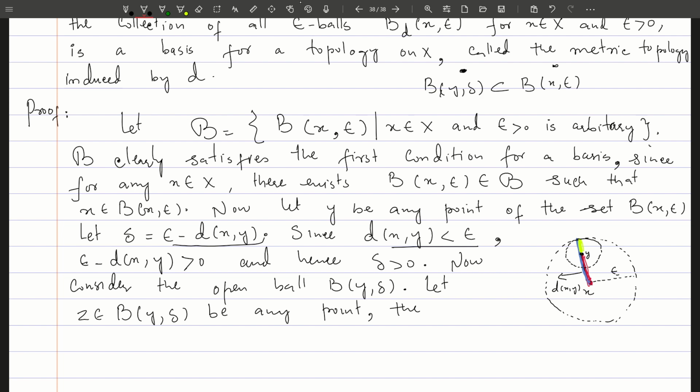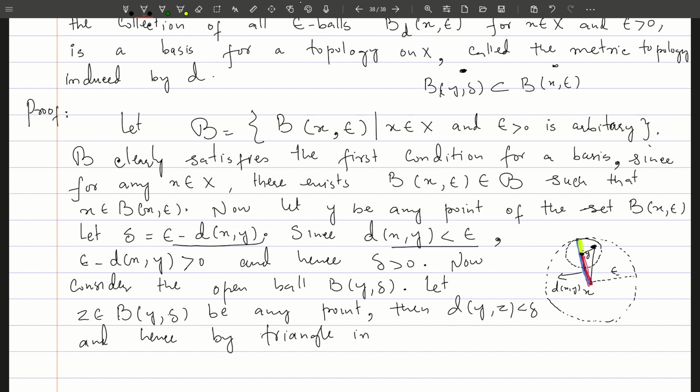Since this z is inside this ball, the distance between y and z is strictly less than delta, and hence by triangle inequality, we have this triangle here: this is y, this is x, this is z.